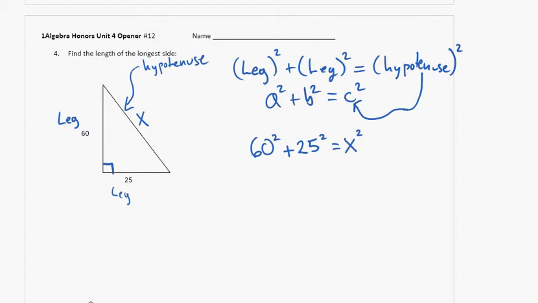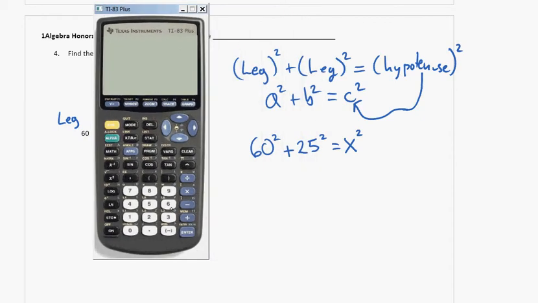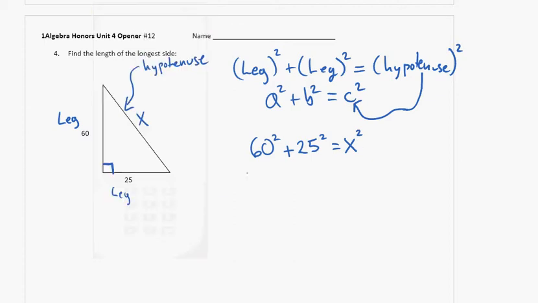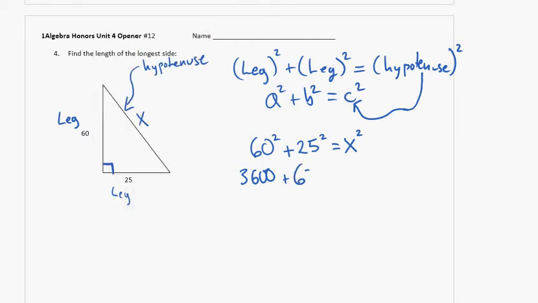And so now you just sort of work this out. Go ahead and get my calculator out. I guess I can probably handle 60 squared without it, but just to be safe. So that's 3,600 plus 25 squared is 625. I guess I could have handled that one too. And that equals x squared.